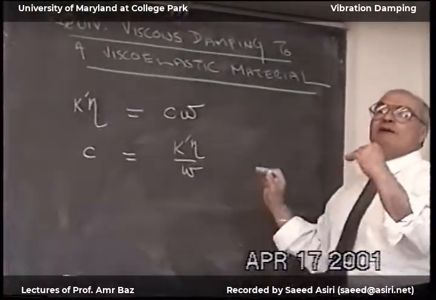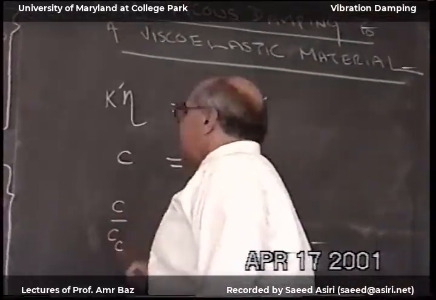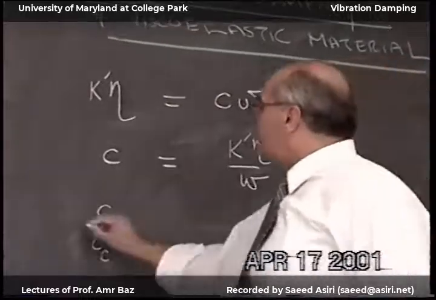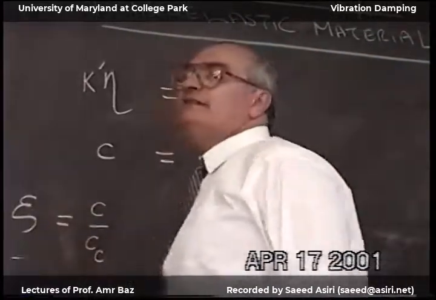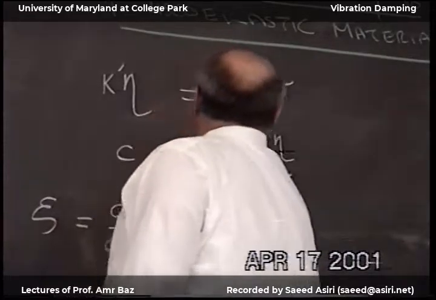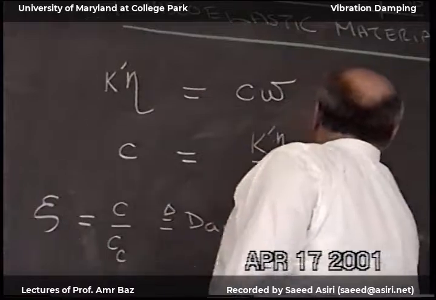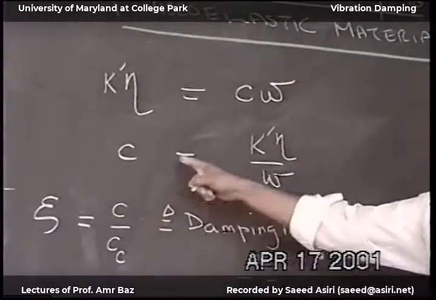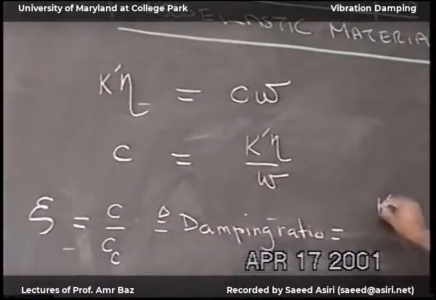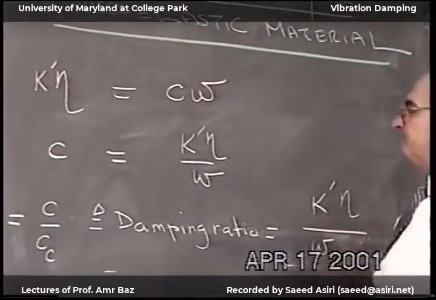I'm going to do one more step. I'm going to take this and divide it by C critical to evaluate the damping ratio. C is right here, K prime eta over omega.